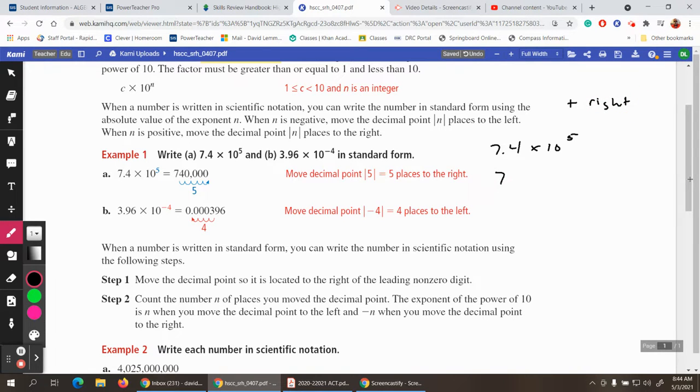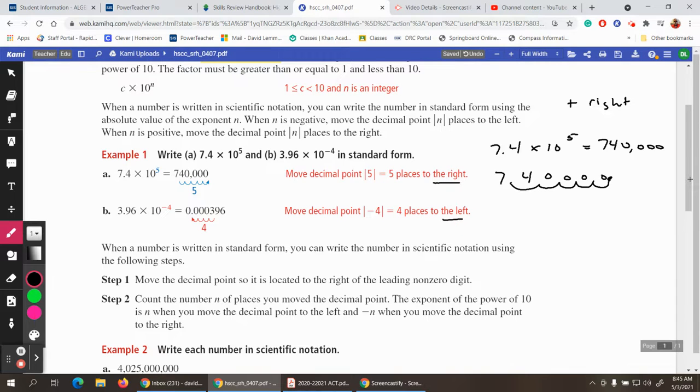So I have 7.4, and it's going to move 1, 2, 3, 4, 5 times to the right. And these gaps are now zeros. Okay, so this is why that equals 740,000. When it's a negative number, it moves to the left.